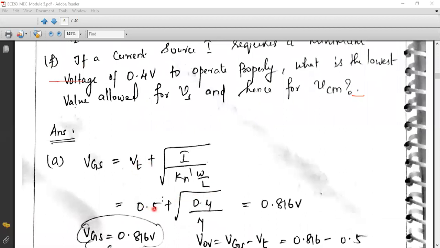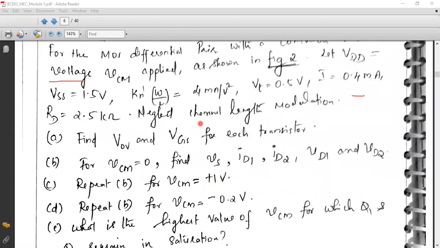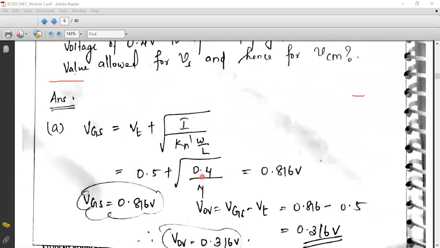VT is 0.5 volt, overall current is 0.4, Kn dash W by L is 4. Now, do I need to convert, because we are expecting our current in milliamps?